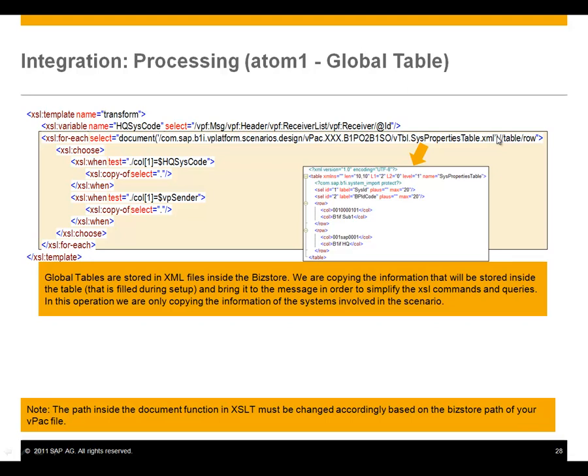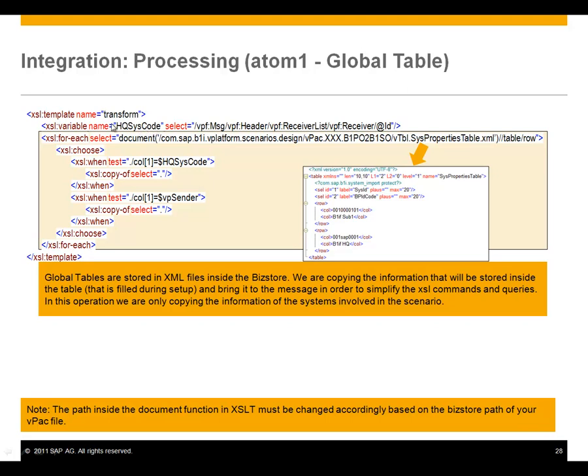And once this document is loaded, we are going to go over the table. We see that we have a table first element, and we have several rows. So we need to loop over each one of the rows. We will look for some information regarding the sender and receiver system.